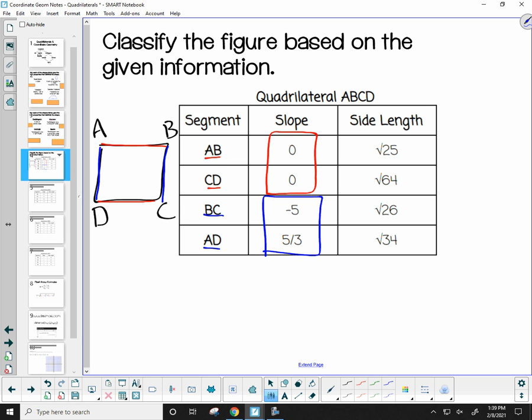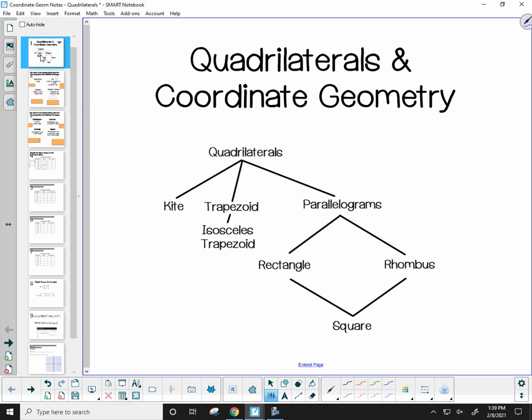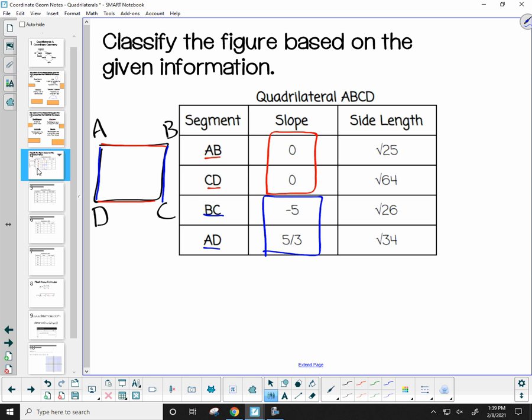So right now we've already decided we don't have a parallelogram because we don't have two sets of parallel sides. We have exactly one, so it has to be a trapezoid of some sort. Okay, so right now we decided that AB and CD are parallel. So I want to know, are AD and BC congruent?